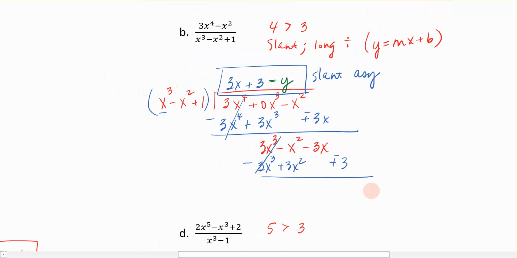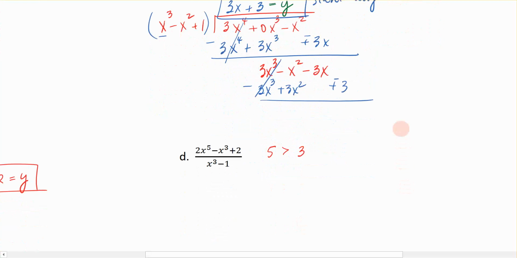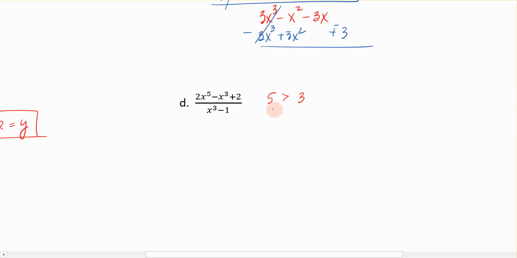When my numerator was greater than my denominator by only 1 more, then I had a slant asymptote. This is greater than my denominator by 2 more, but that's not going to give me a slant asymptote. And actually, there is no horizontal or slant asymptote occurring here.